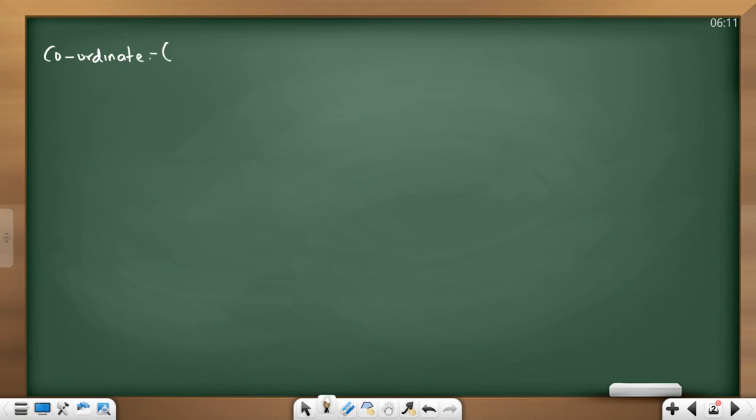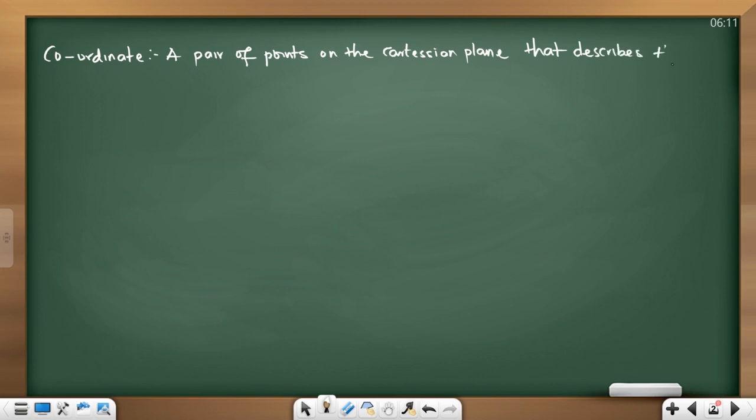All right, this is basically what we call a pair of points on the Cartesian plane that describes the location of a point.